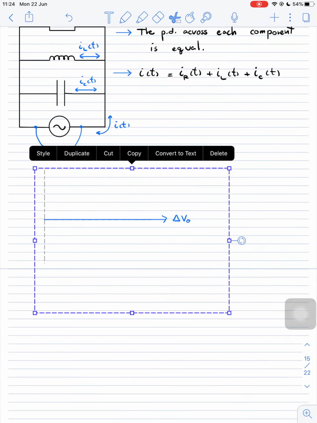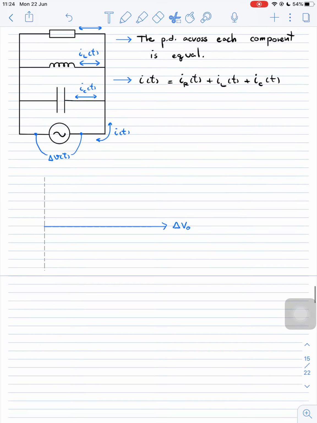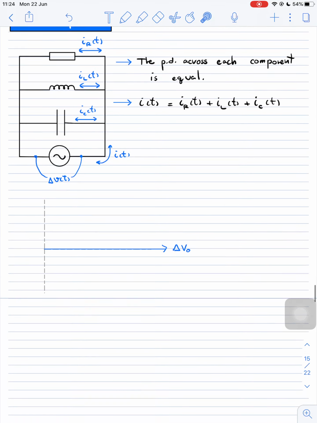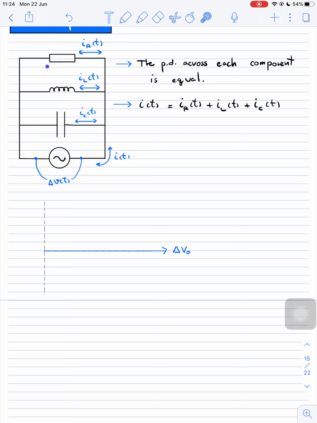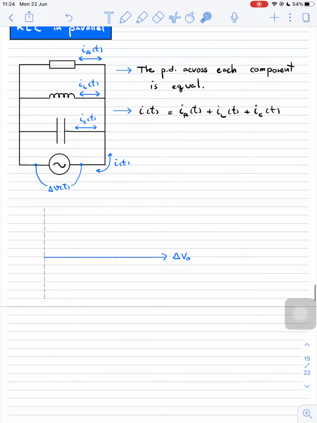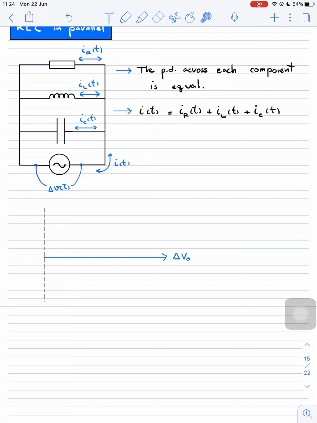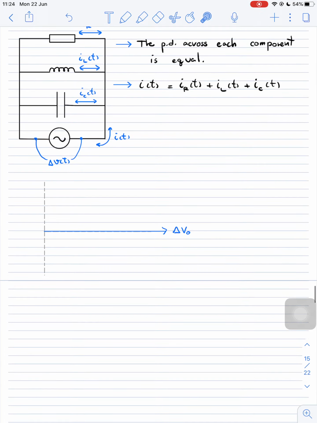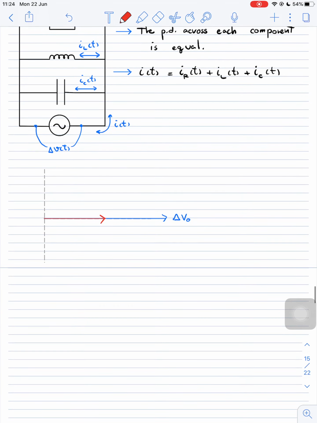So let's consider the current through the resistor first. We know that the current through the resistor and the potential difference across the resistor must have the same phase. So in this case, the current through the resistor must point in this direction, and let's say that this is equal to IR.